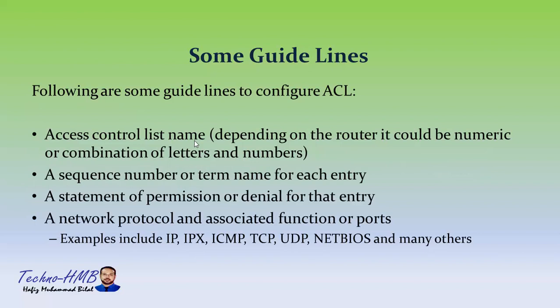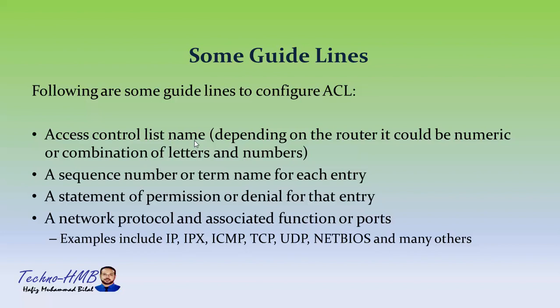Following are some guidelines to configure ACLs. Access control list name: depending on the router, it could be numeric or a combination of letters and numbers. Keep in mind that we have named ACLs as well. A sequence number or term name for each entry, for example 10, 20, 30, 40.